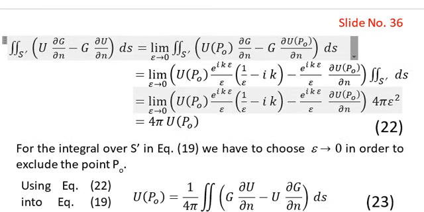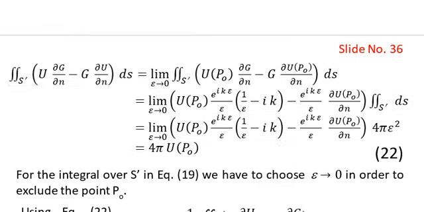Now we are going to evaluate the double integral over the surface S prime. Since we have to exclude the point P naught, because P naught is the point where capital G is going to be infinity, we want to get rid of the contribution of this integral at the point P naught. So let's put a limit that epsilon goes to 0.